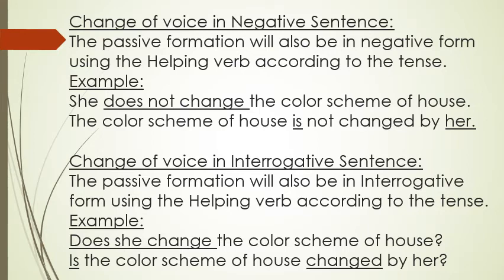So the example is given, does she change the color scheme of house? Now does she change is indicating the present indefinite tense. It means for the present tense, the helping verb is will be used. So to make it in the interrogative form, you will change it in the passive formation. So the answer would become, is the color scheme of house changed by her?